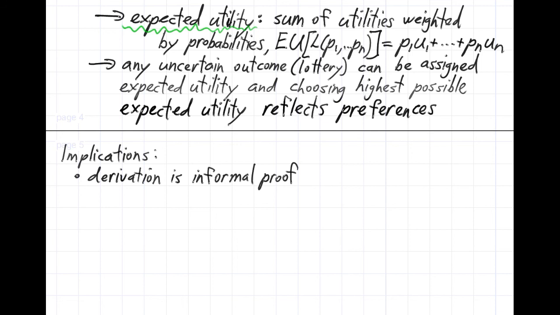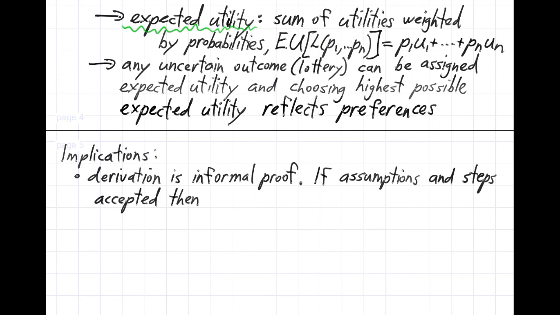And those axioms I've tried to express in this presentation in a natural way so that they make sense to you and you can decide whether you accept them. And if these axioms, or let's call them assumptions, and the steps I've taken are acceptable to you, then this conclusion just follows. So it's inescapable in a sense.